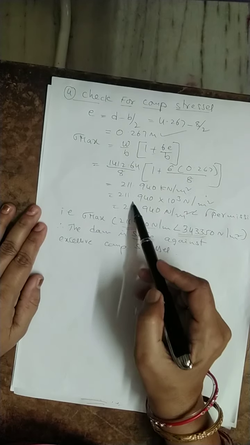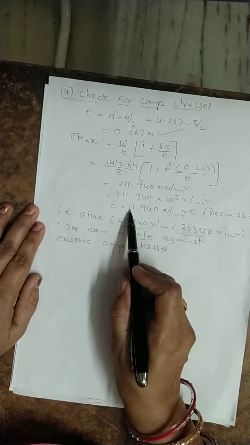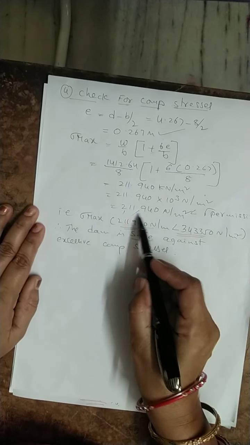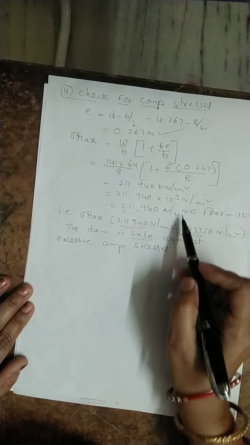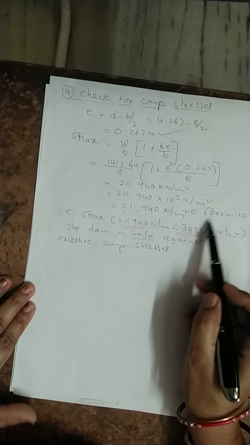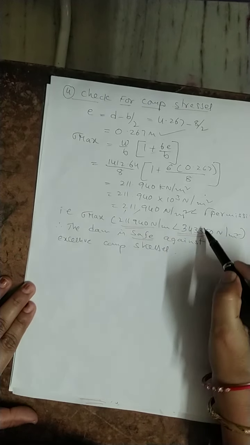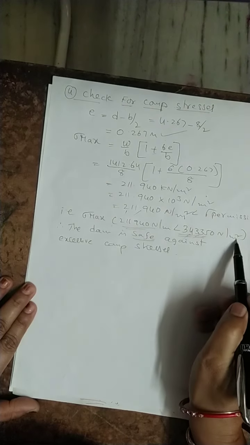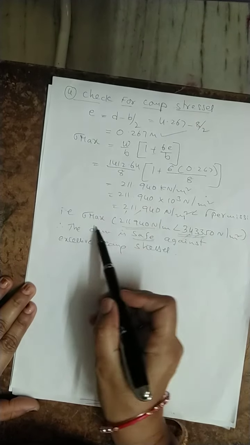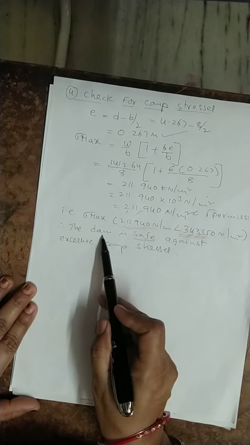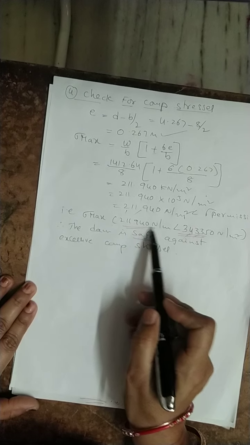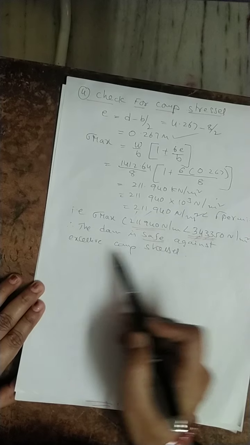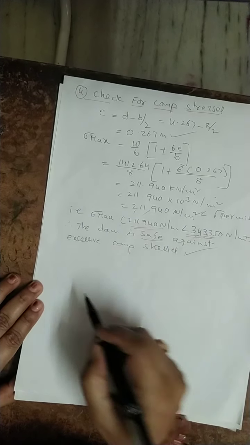If you substitute the values and simplify, you get 2,11,940 newtons per square meter. The permissible compressive stress is given in the question as 3,43,350 newtons per square meter. Here we got a maximum stress of 2,11,940, which is definitely less than the permissible. So the dam is safe against excessive compressive stresses.